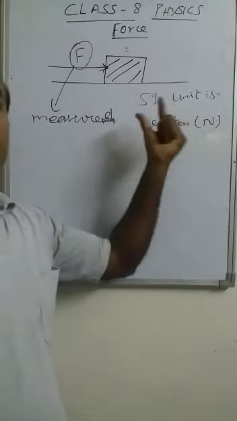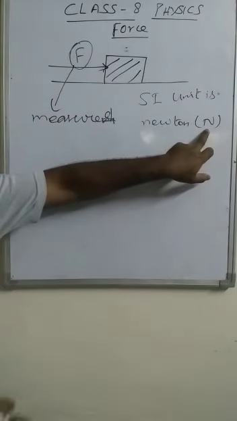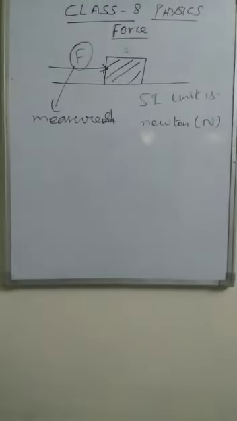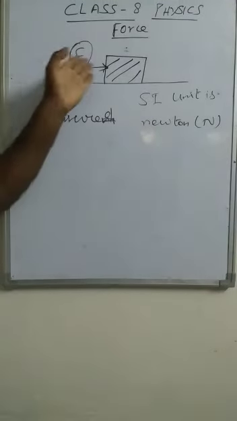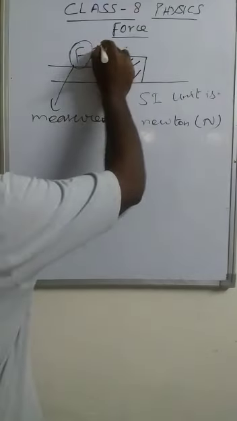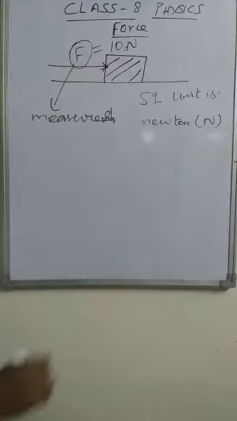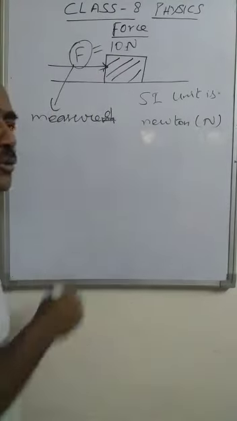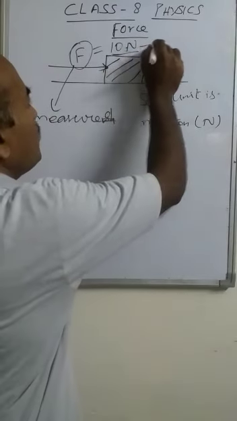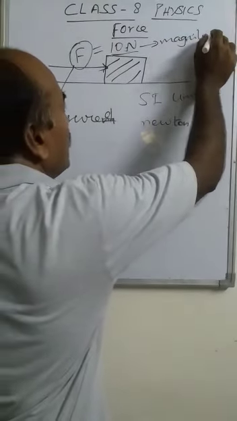So simply we use the unit Newton. If we use simply the symbol, it should be a capital letter, otherwise it is a small letter. Suppose the force applied on this object may be 10 Newton, it should be written like this. It may be 100 Newton, any value. And that we say is the magnitude of force.